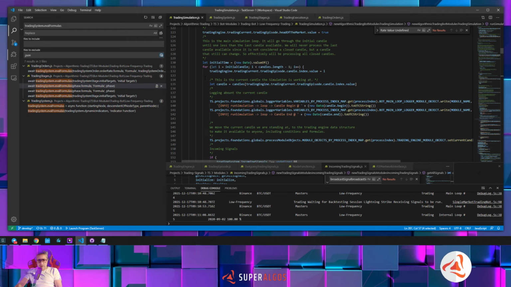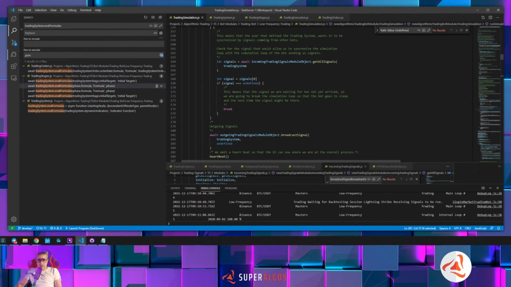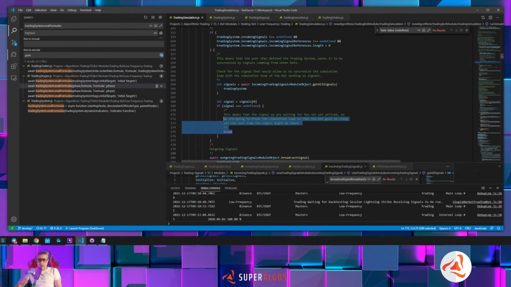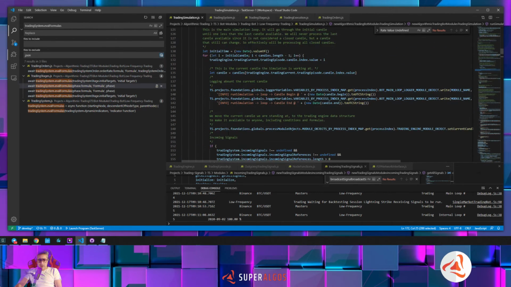So here the loop starts, and here is where we are getting out of the loop if we are supposed to get a signal and we don't get it. Okay, here it is.